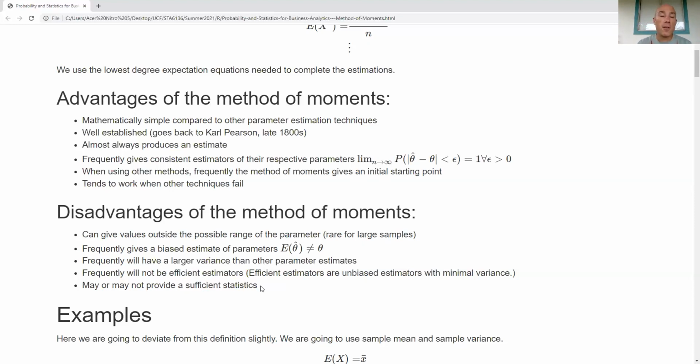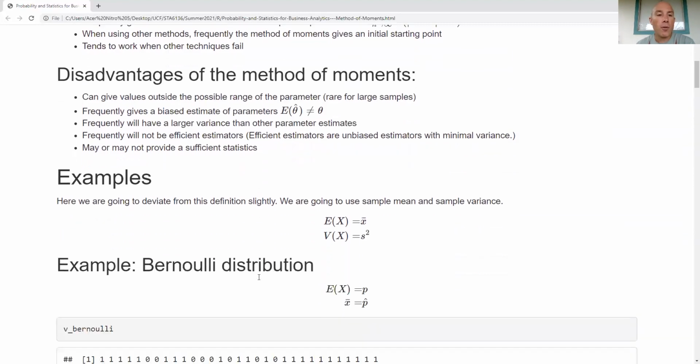Sufficient statistics means I'm using all of my information, and if I were to lose a data point, I would lose information on the goal I'm attempting. Sufficient just says that I'm using everything, and it's not possible to take advantage of my data to any fuller extent. All right, so let's work on some examples.